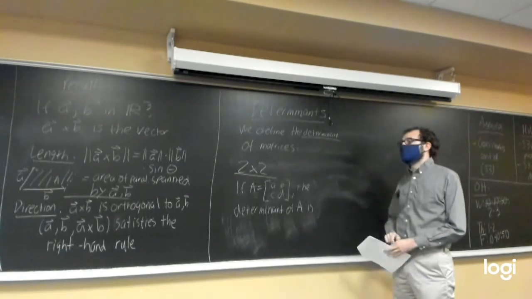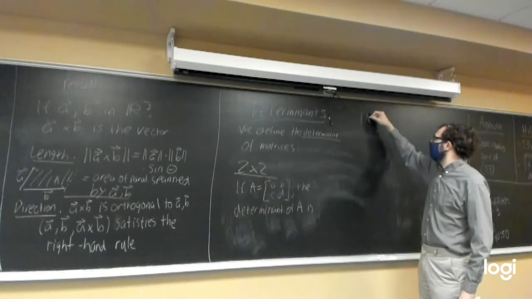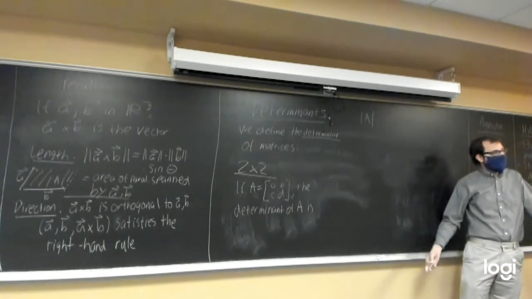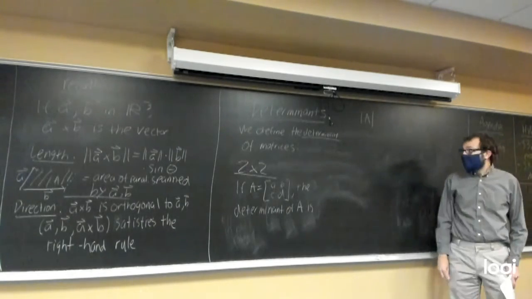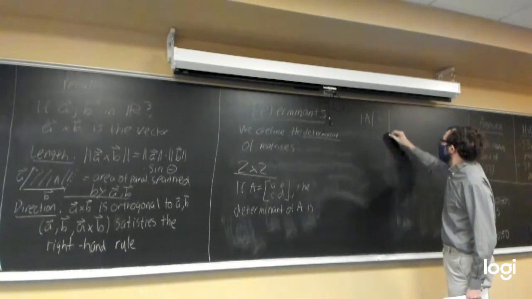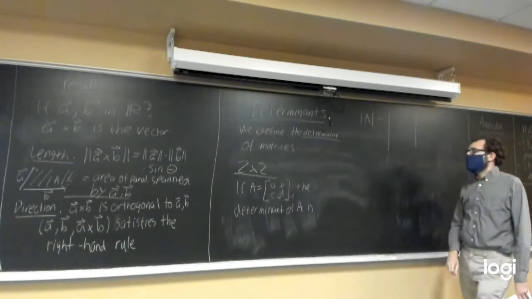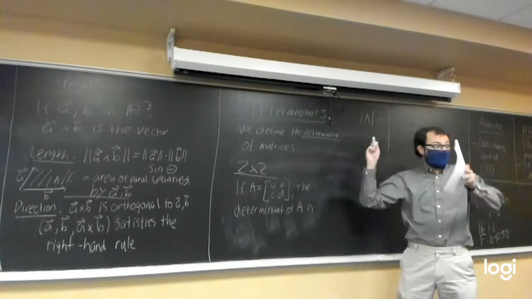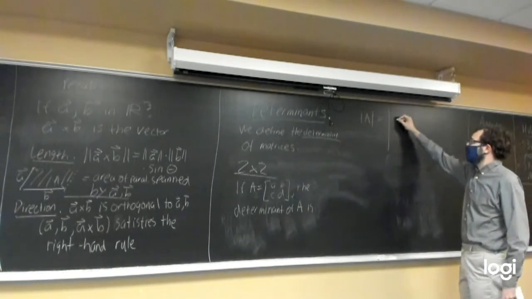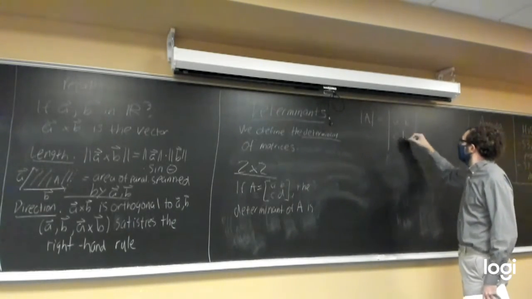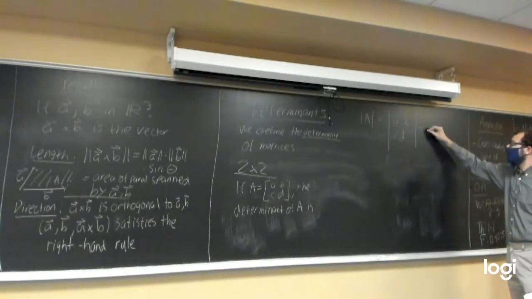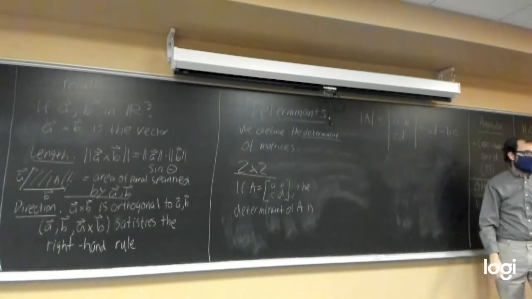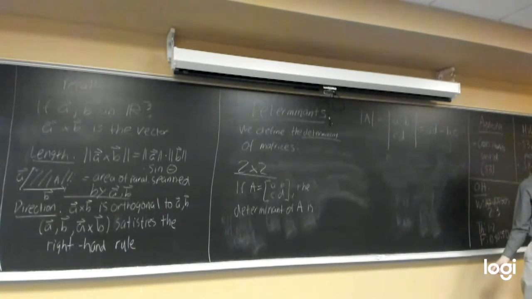If you want to find the determinant of A, you can denote that by putting little vertical bars around your A. It looks almost like you're trying to take the absolute value of something. You can also write out the determinant of A by replacing the big square brackets with just vertical bars around your entries. And that's just going to be equal to a times d minus b times c. That's how you take a determinant.